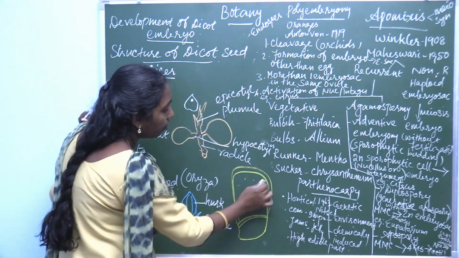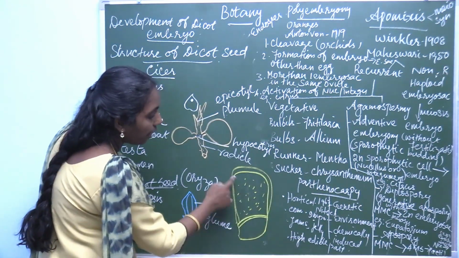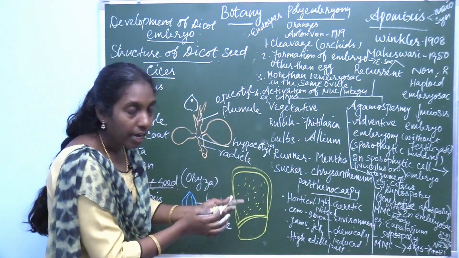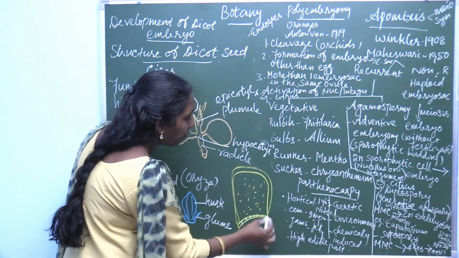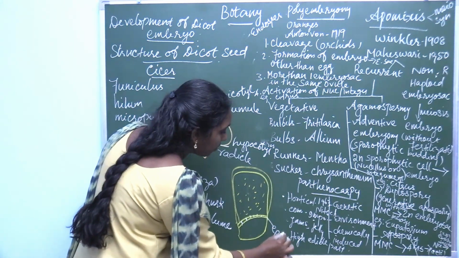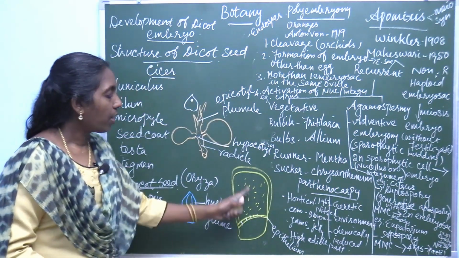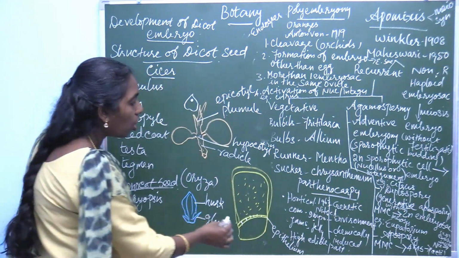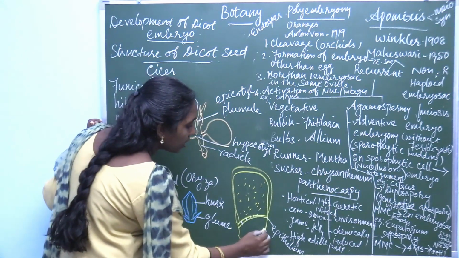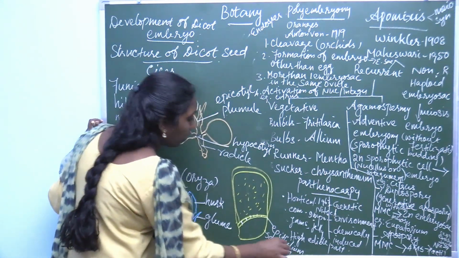It stores the food materials, and it is divided by a layer called the epithelium. This layer divides these two parts, and the shield shaped cotyledon is named scutellum.